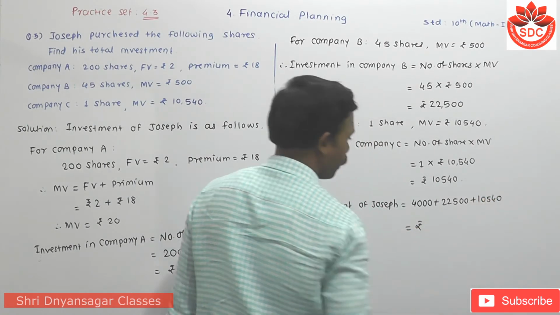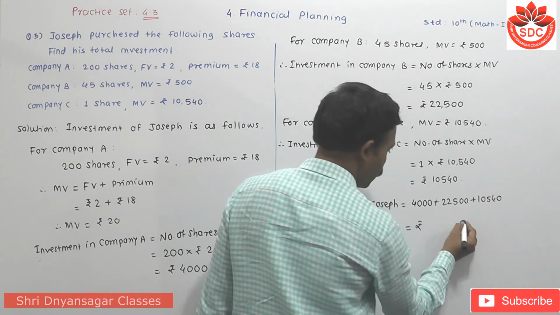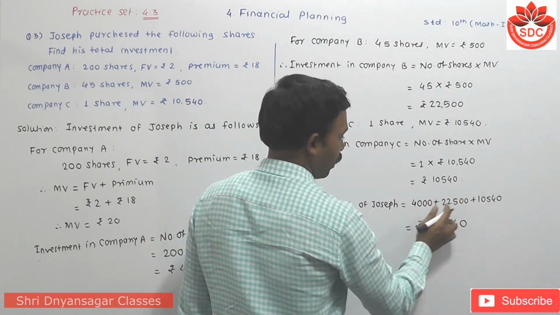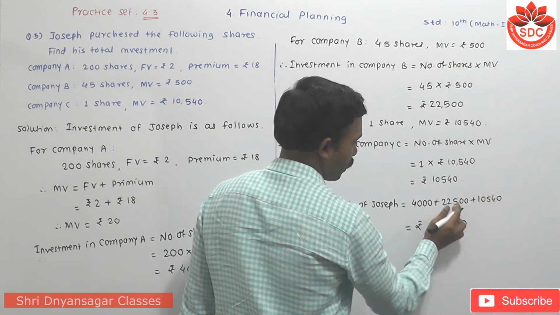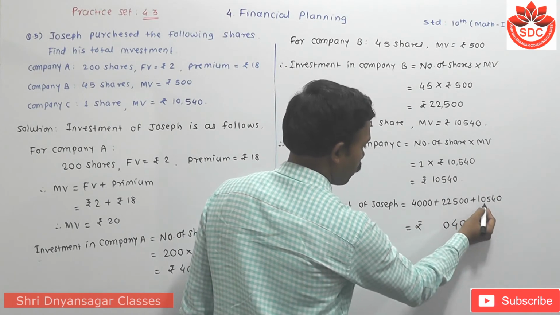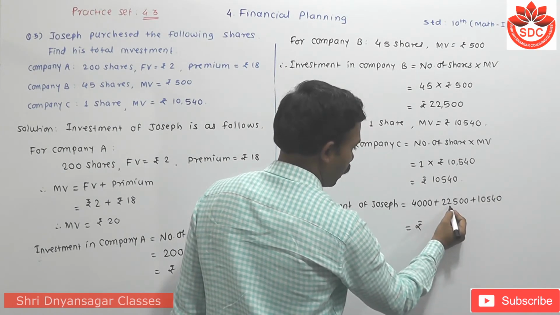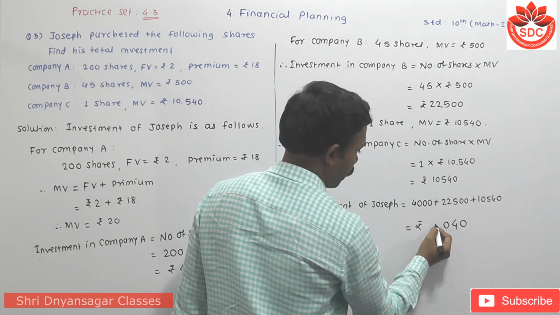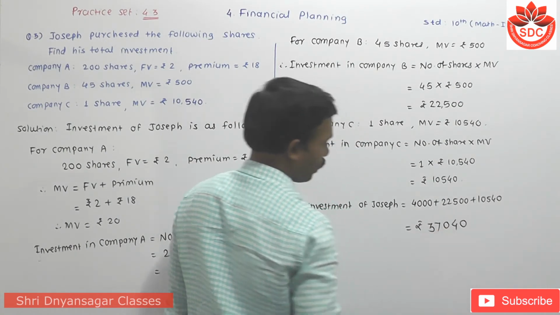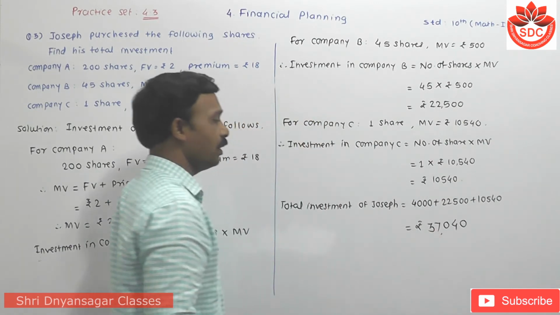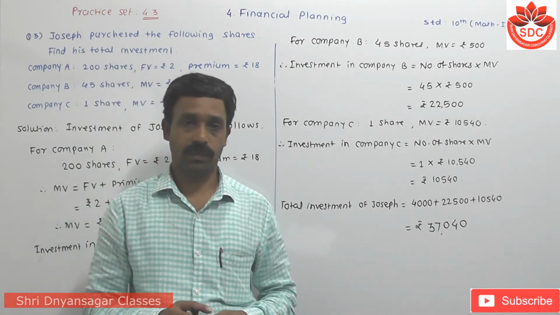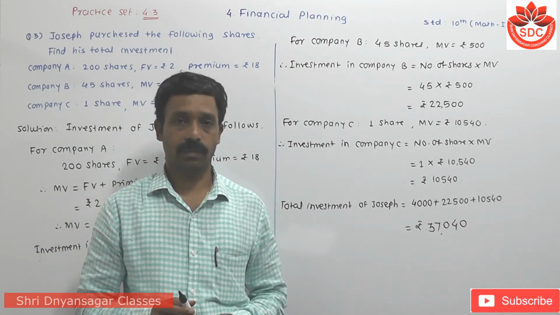Now student, the unit place becomes 0, the 10 place here is 4, then the 100 place is 5 plus 5 becomes 10, carry is 1 here, then 1000 place is 1 plus 2 is 3, 3 plus 4 becomes 7, and 10,000 place is 2 plus 1 becomes 3, means that 37,040 rupees is the total investment of Joseph. Okay, we take next question.